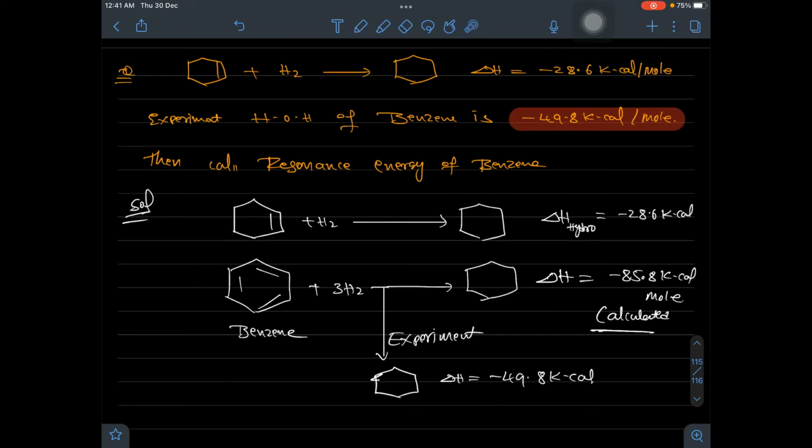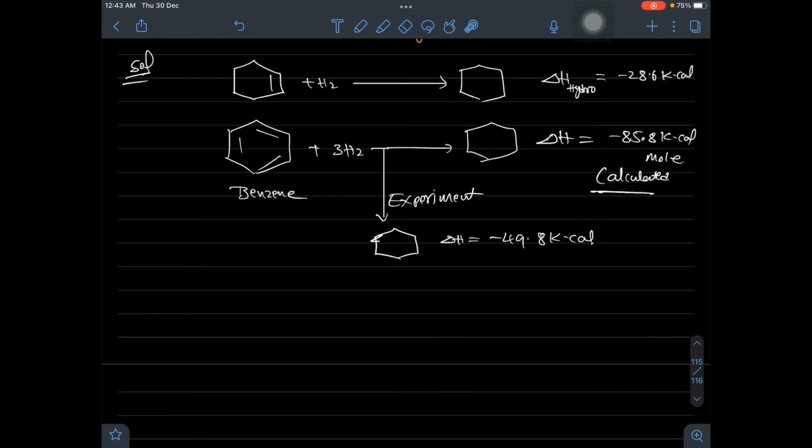So now resonance energy means the difference in energy between the calculated and experimental values. The difference between the calculated value and the experimental value will be called the resonance energy. So how much is the difference going to be?